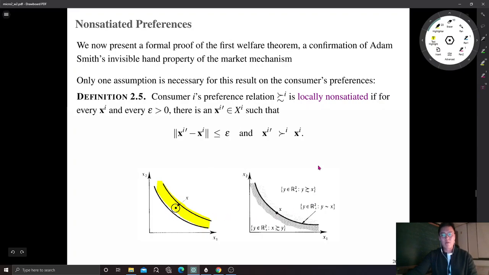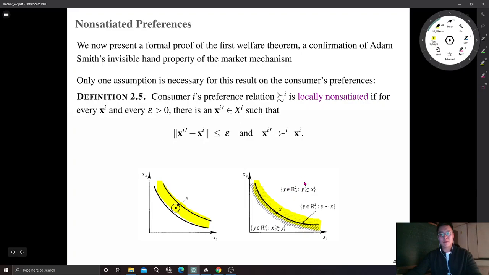So whenever this assumption is satisfied, we have a single indifference curve passing through some bundle x. This curve separates the consumption set into two regions. In this region below the curve, this is the set of bundles y where the consumer prefers x to y. So the bundle x is more preferable than y.